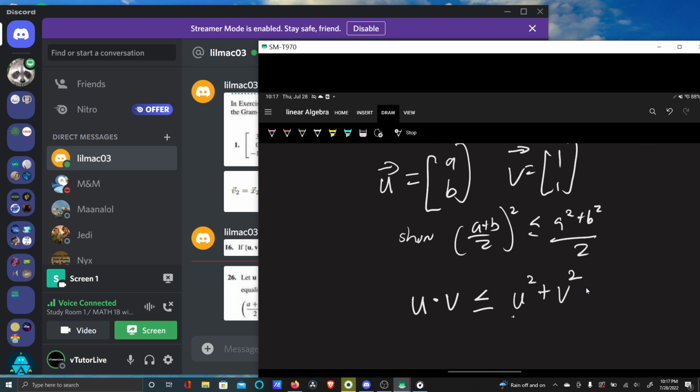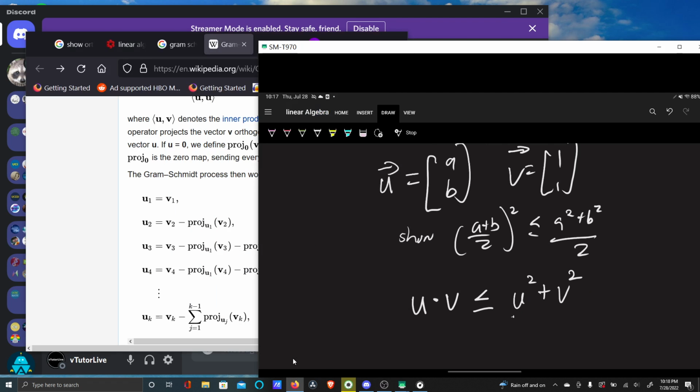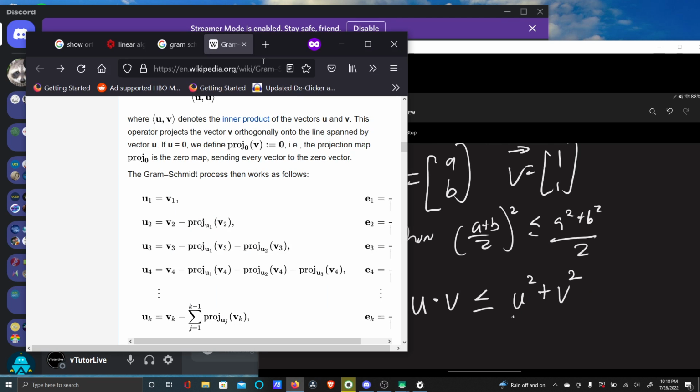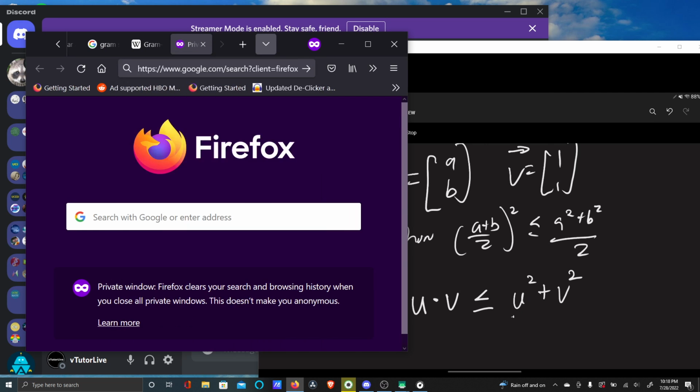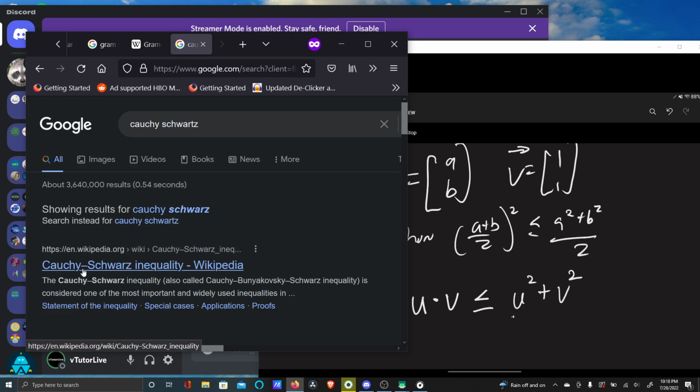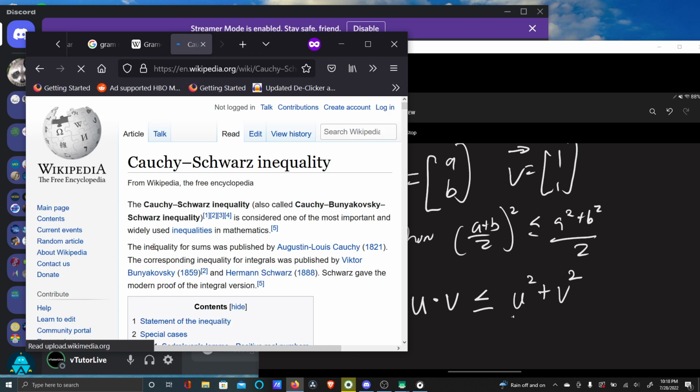Wait, I feel like I'm off by a factor of 2 here. The actual thing is the one with the bars around u and v. Here, let me just look up the statement.